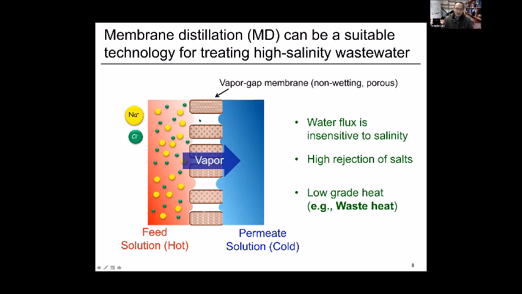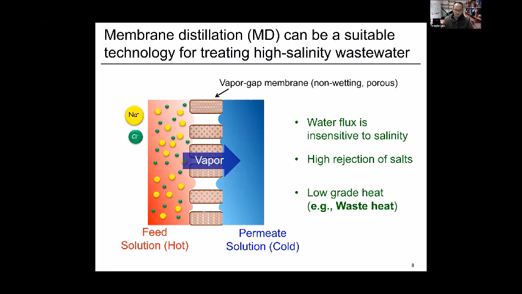So this temperature difference creates a vapor pressure gradient across the membrane pores, which drives the water vapor from the hot to the cold side. Because this is a distillation process, the water flux across the membrane is almost insensitive to the salinity of the feed water, and also the salt rejection is very high because salt doesn't evaporate.